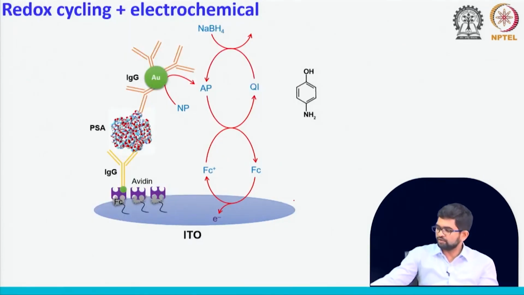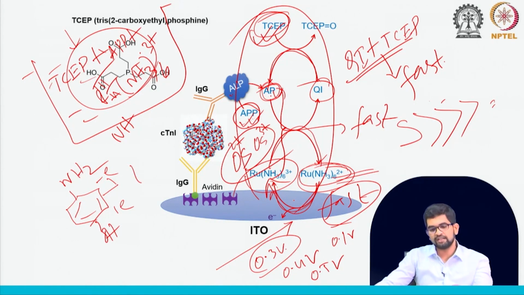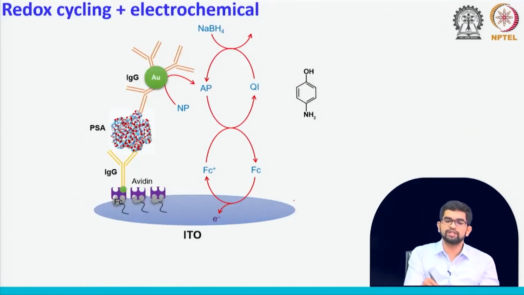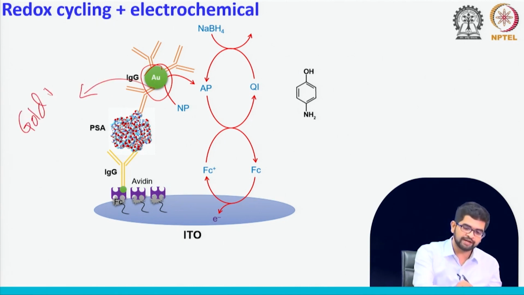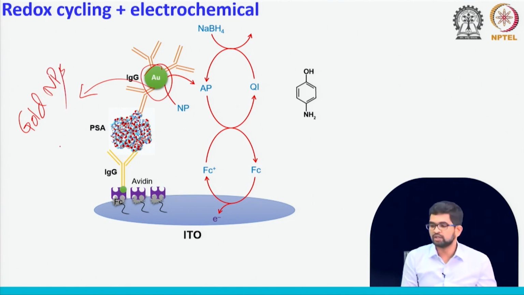Now, let us come here. In the previous slide you have seen that I used ALP as a tag. In this slide, I am showing that instead of ALP as the tag, I am using gold nanoparticle. AU means gold nanoparticle. So, here I am using gold nanoparticles as the tagging agent.